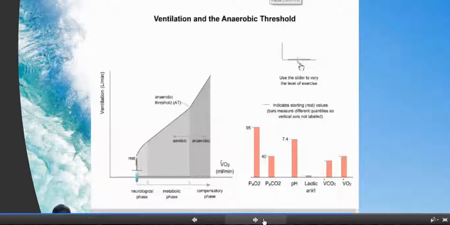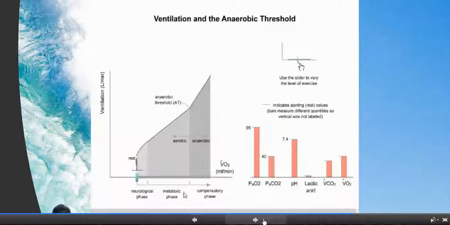So on this chart, you're looking over here on the left-hand side. Let's look right here where the cursor is going. This is a marker of ventilation or respirations, breaths per minute. Down here on the bottom, it lists the neurological phase, which means basically at the start of exercise, when your breathing increases in excess of what the body needs.